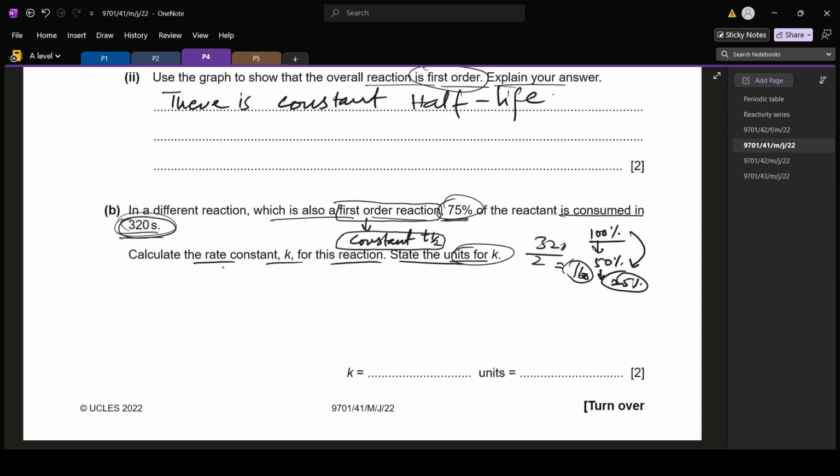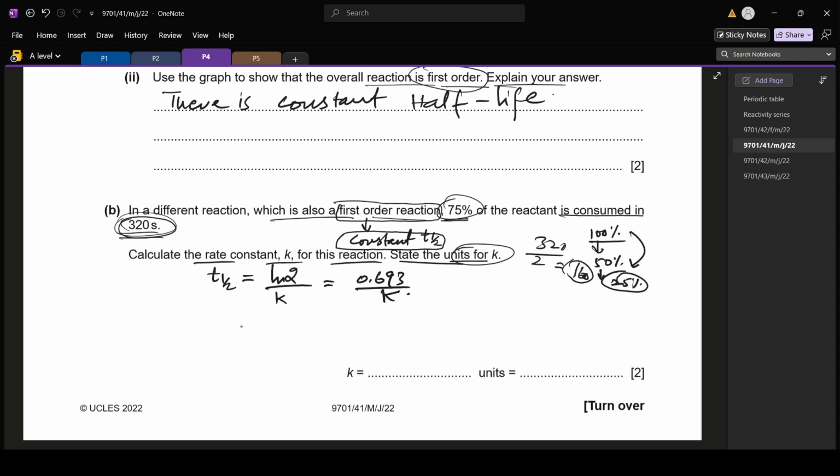The formula for the half-life of a first order reaction is ln2 by k, and ln2 is 0.693, so half-life is 0.693 upon k.